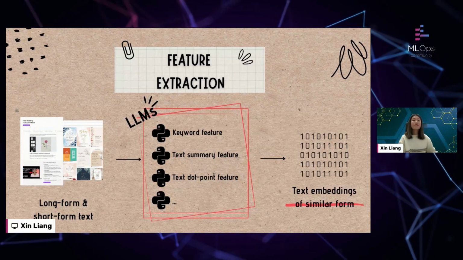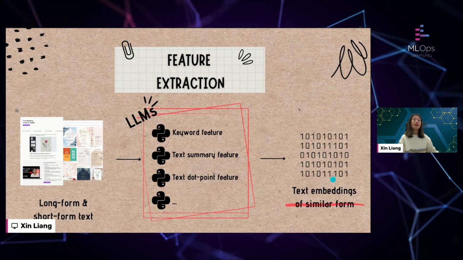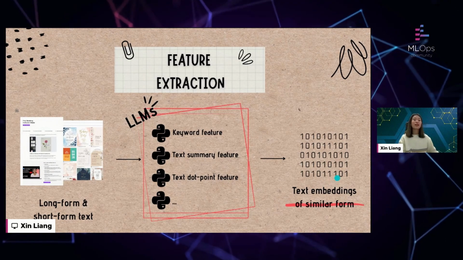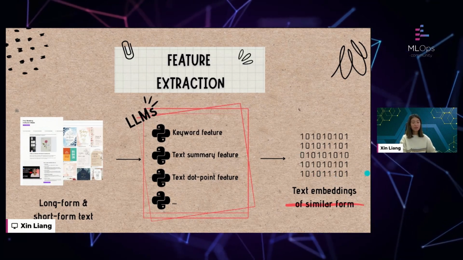And then we can convert the text of similar forms into the embedding space before categorizing and grouping relevant pages together using these features.